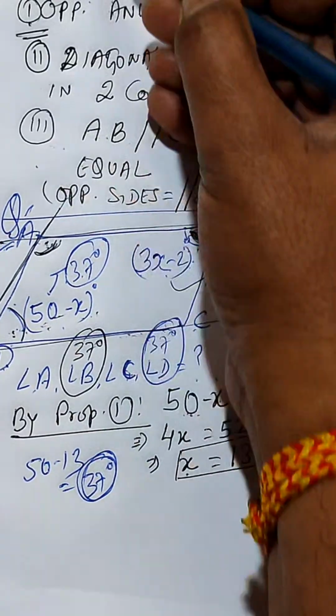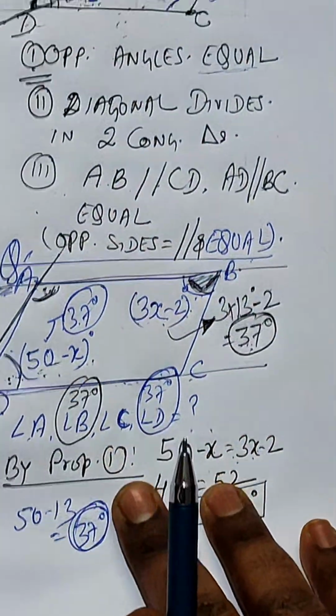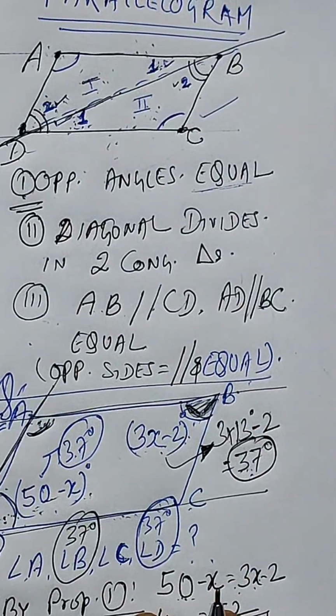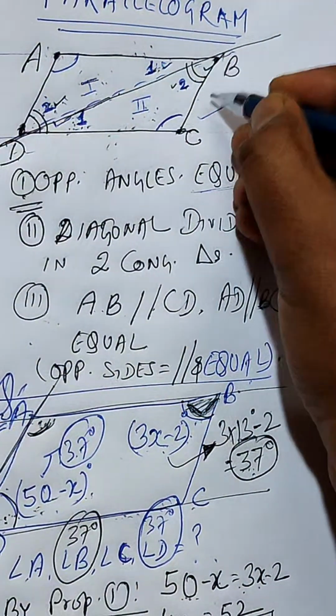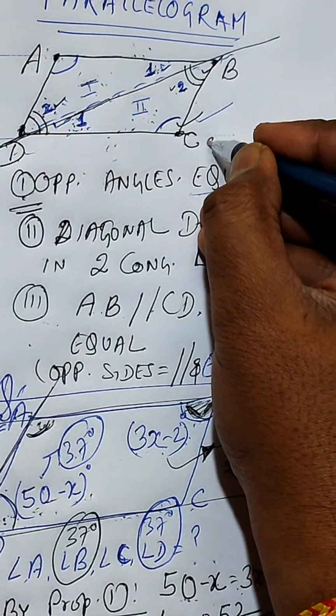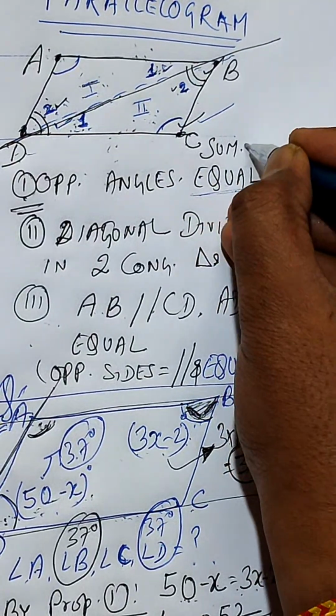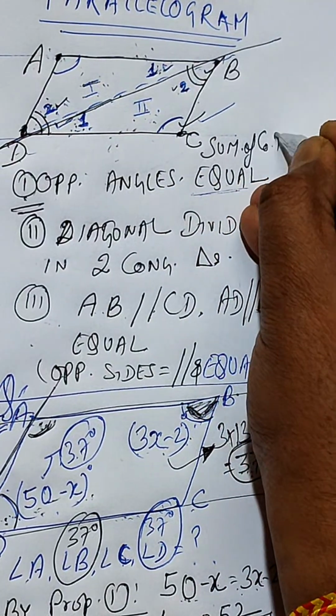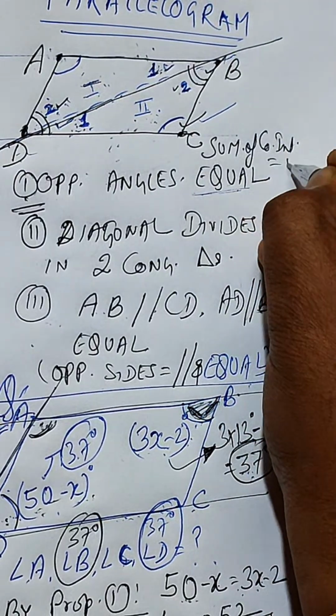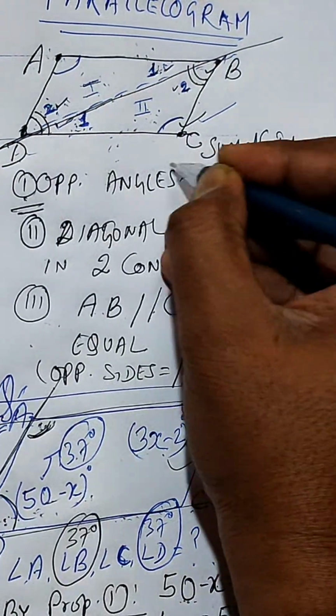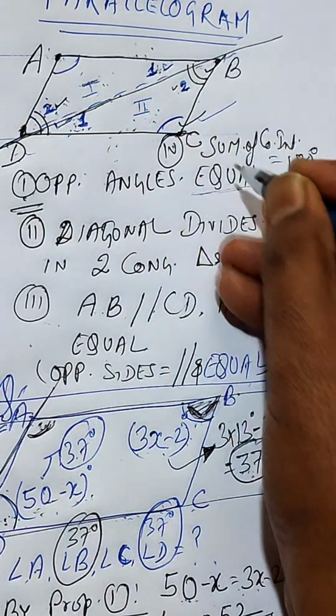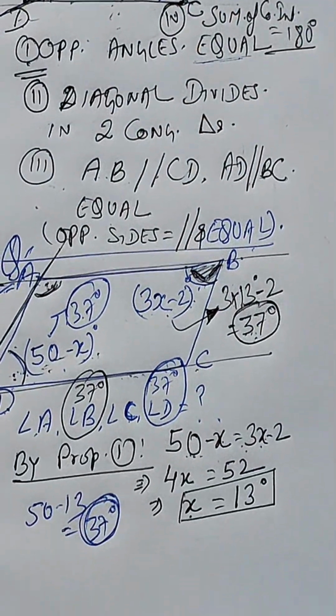So we can add one more point in this theorem, that the sum of co-interior angles equal to 180 degree. So that's it. That is also one of the theorems. Basically this is followed for every parallel lines.